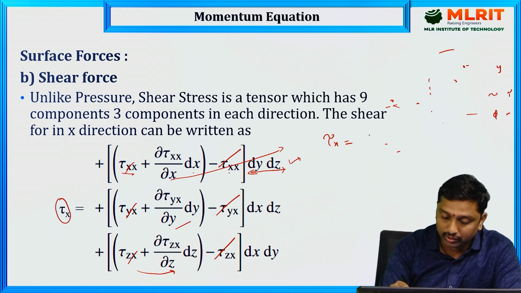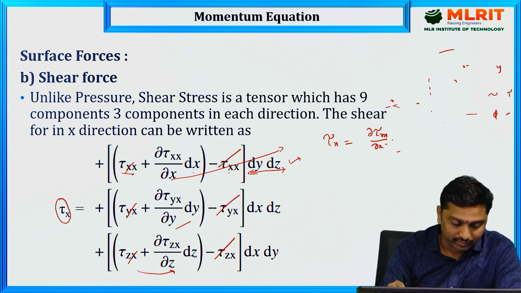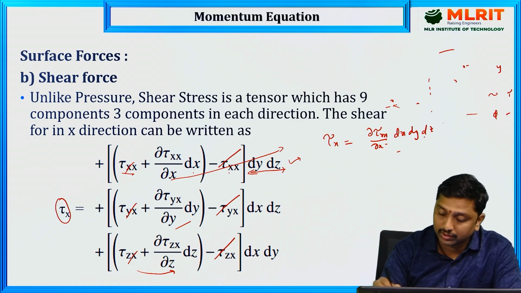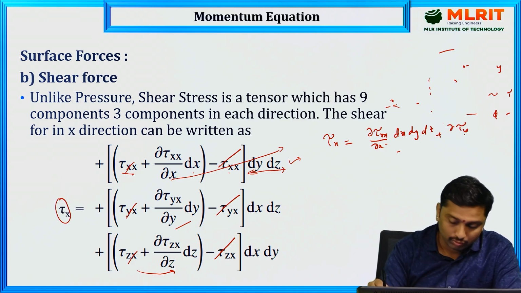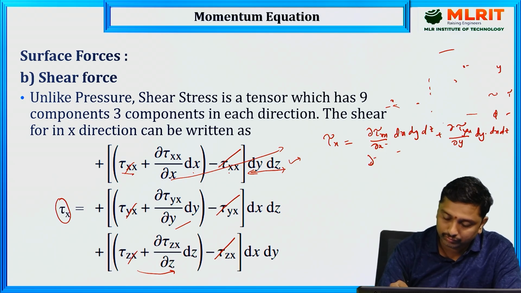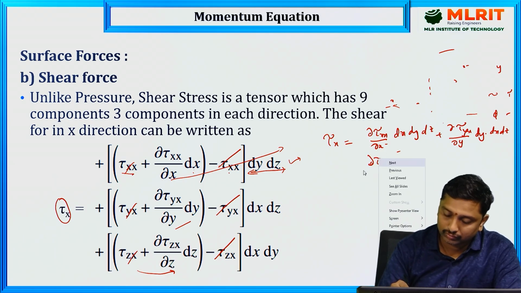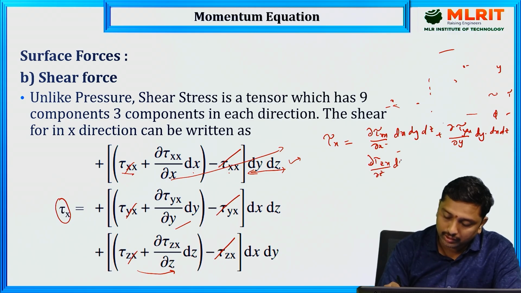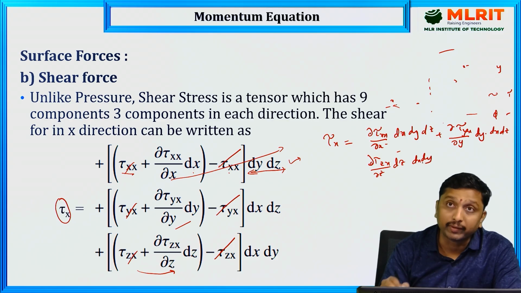So you are left with dou tau xx by dou x into dx dy dz plus dou tau yx by dou y into dy into dx dz. Similarly, dou tau zx by dou z dz into dx dy.